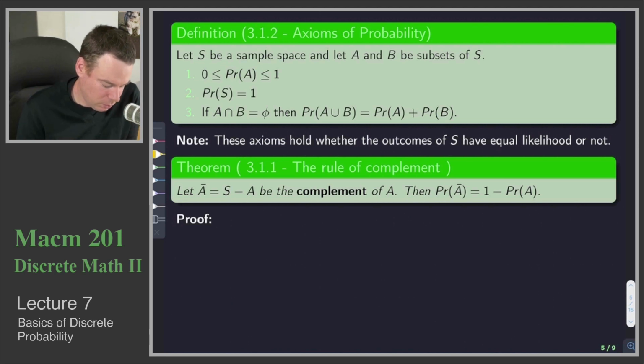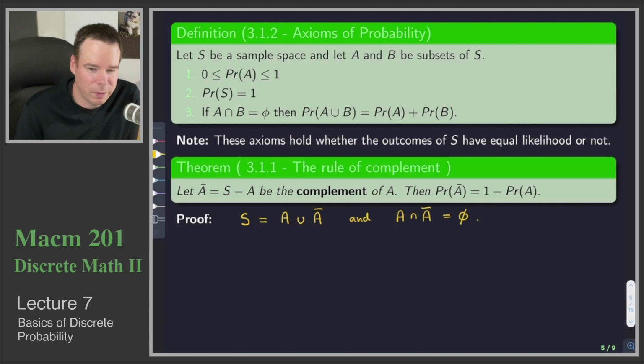The first thing we note is that S is equal to A union its complement, and the intersection of A and its complement is empty.